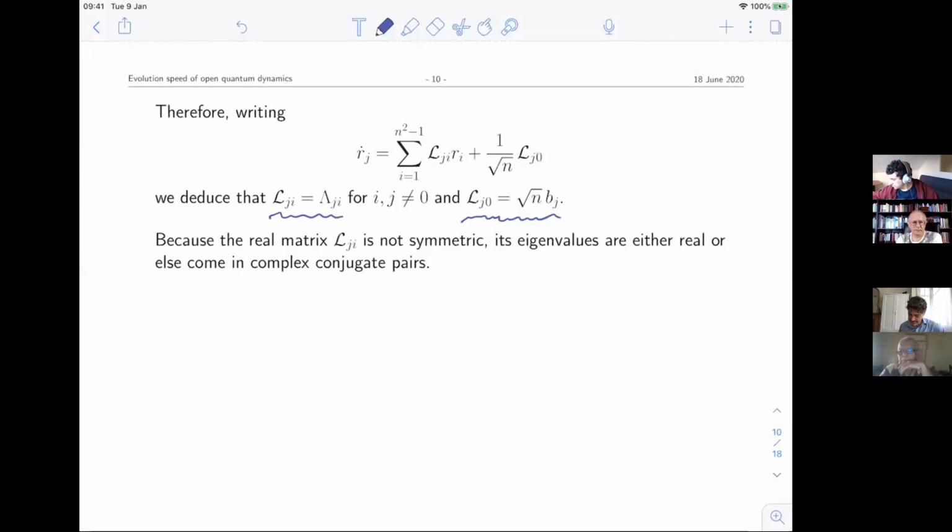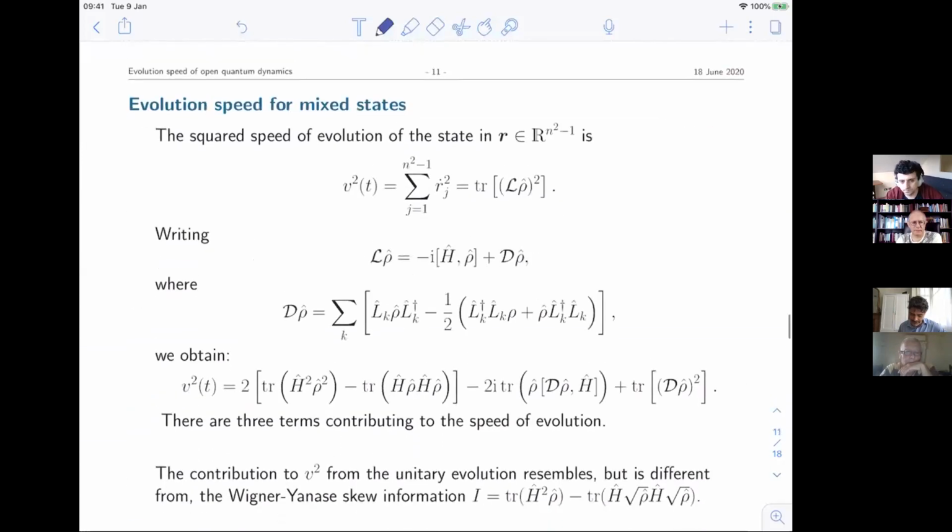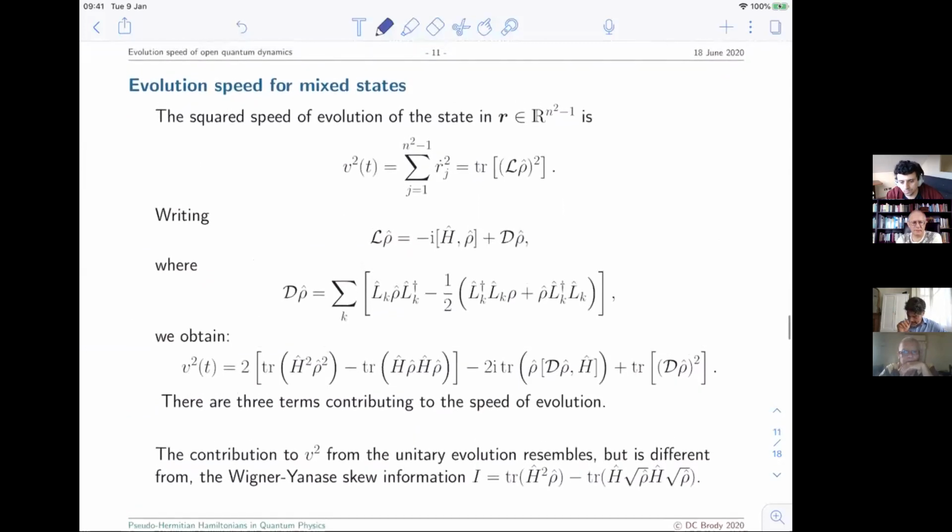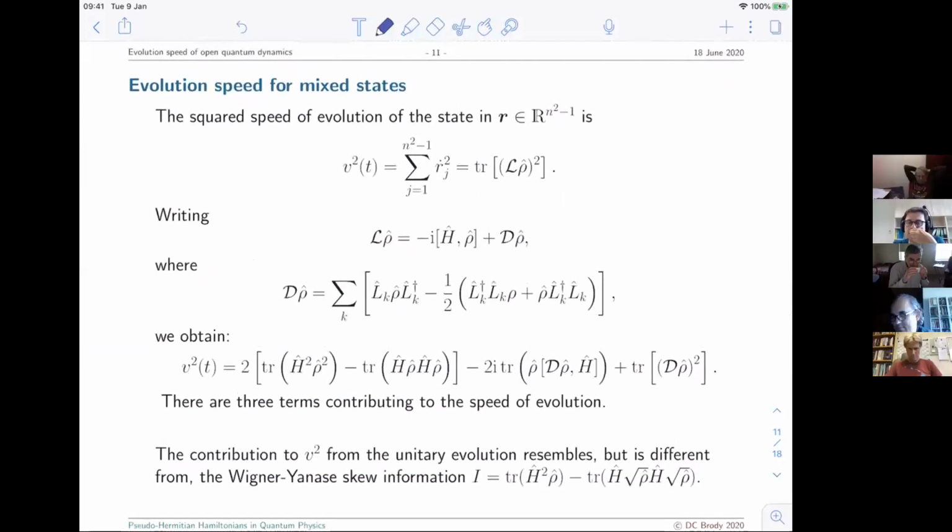Okay, right. So now we have the dynamical equation. We can use that to study the expression for the speed of the evolution, or squared velocity of the evolution. And in Euclidean space, that's simply given by the sum of the squares of R dot. Okay.